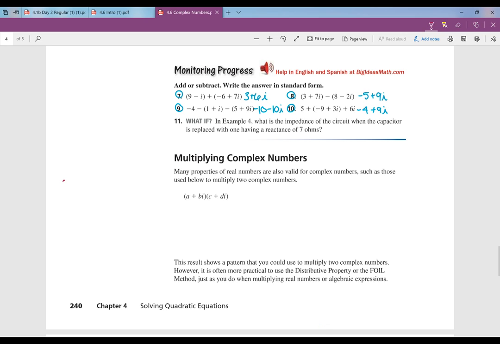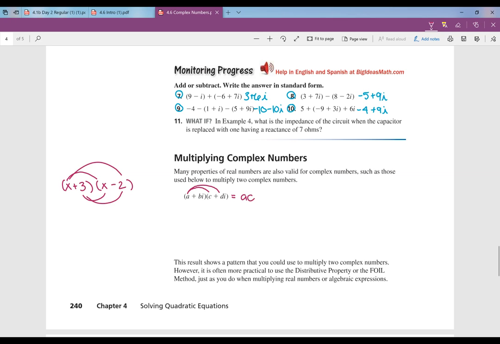When we're multiplying something that looks like this normally, we just distribute, right? X goes to everything and 3 goes to everything. We're going to do the same thing for our complex numbers. So we take our A, and it distributes to C and to DI.